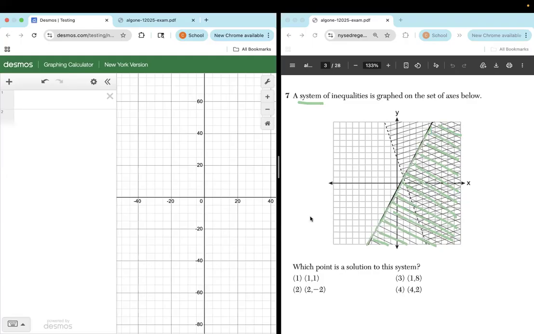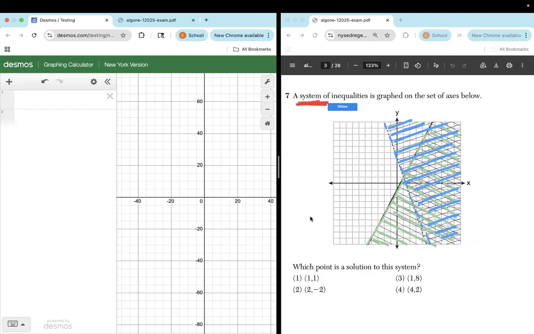And the other inequality is represented by this dashed line and this shaded area here. So everything in that blue shaded area is a solution to that blue inequality, except for the points on that dashed line, because points on a dashed line are not solutions. So we have two inequalities on the same graph, which is what it means by system.